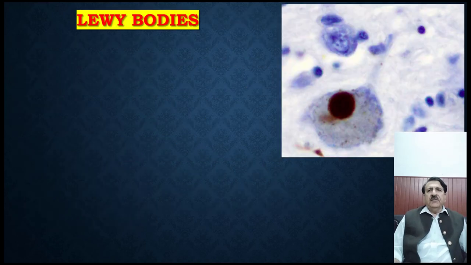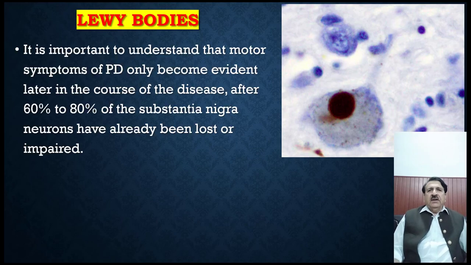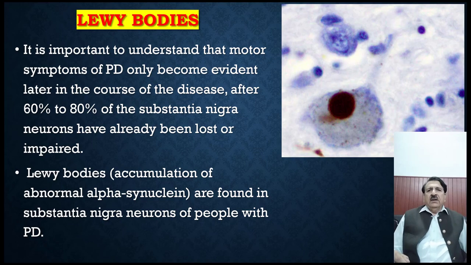Lewy bodies. It is important to understand that motor symptoms of Parkinson's disease only become evident later in the course of the disease, after 60 to 80% of substantia nigra neurons have already been lost or impaired. Lewy bodies, accumulations of abnormal alpha synuclein, are found in substantia nigra neurons of people with Parkinson's disease.